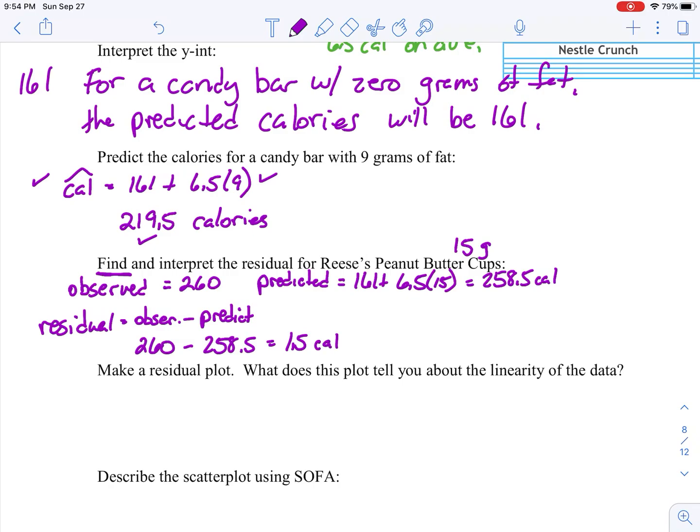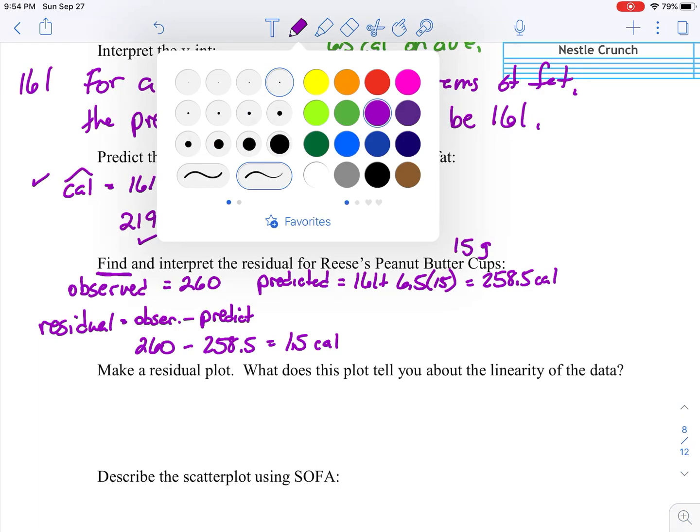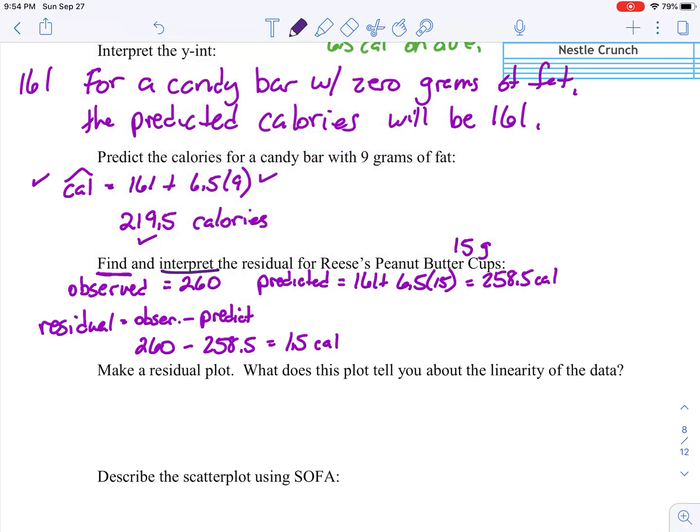Okay, that was the find part. Now we also need to come over here and do the predicted part, the interpret part. The least squares, actually, I hate writing out least squares regression line. It's silly. So here's a least squares regression line. That is acceptable.